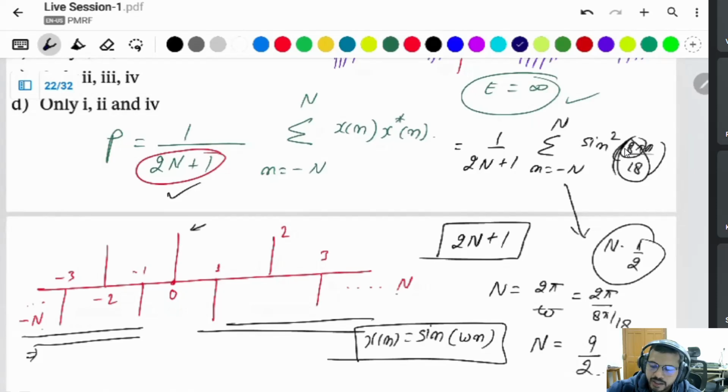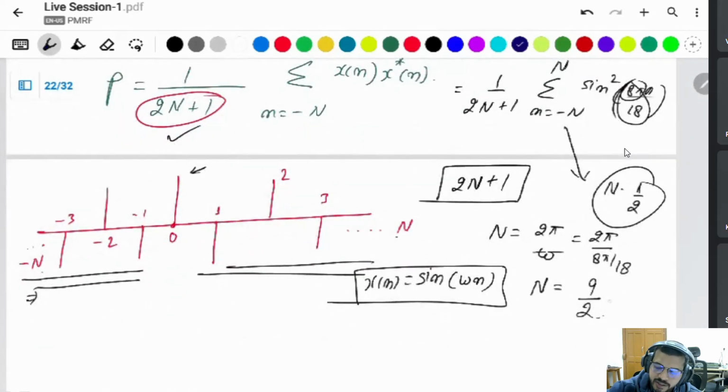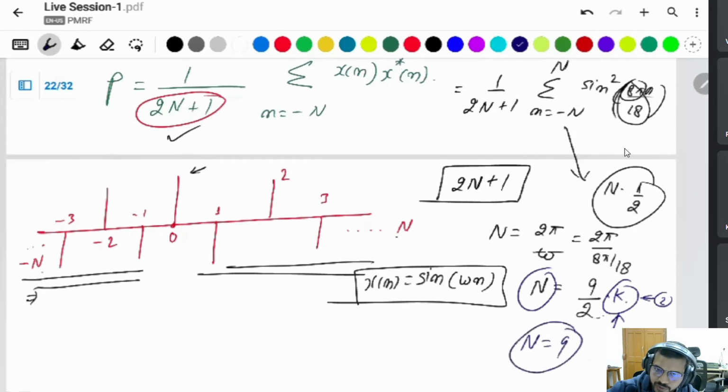There is a constant k multiplication to make the period an integer. That's why k can take 2 here. The period of this one is 9 only, not 9 by 2. This is the multiplying factor for making the period an integer, because the period is not in decimal, it is only an integer value.